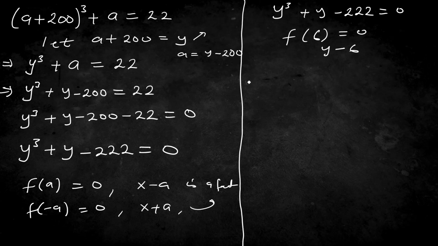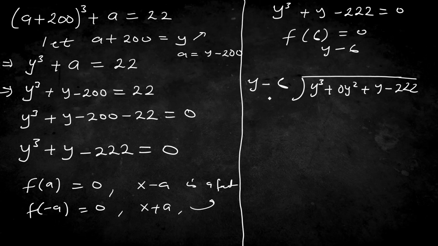We have y minus 6 dividing y cube, and let's introduce plus 0y squared, plus y minus 222.